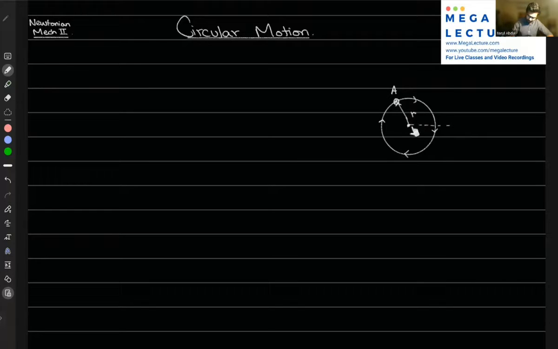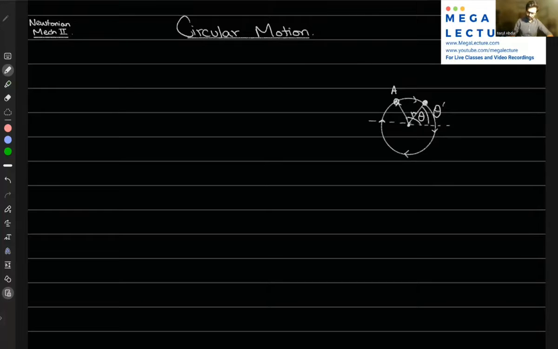So maybe this is your reference line, and then you can measure this angle, and this angle would keep on changing. True, right? So for example, when this object was at this point, you would have a particular value of theta, and then it moves to this point, then the radius vector will be pointing like this, and the particular value for theta would change accordingly. So it would be something like this. Let's call it theta prime. So that's basically what circular motion is, right?